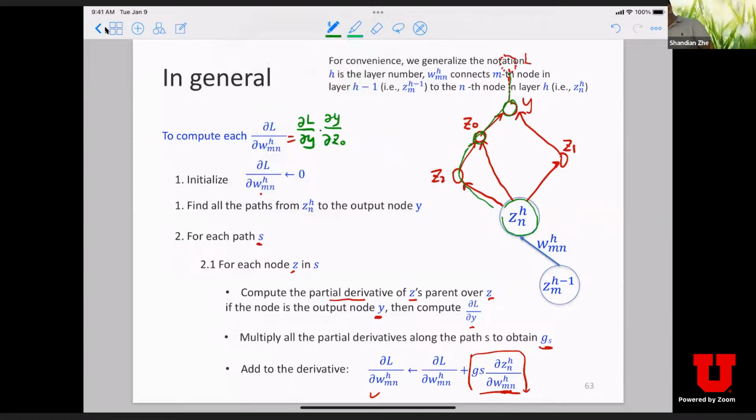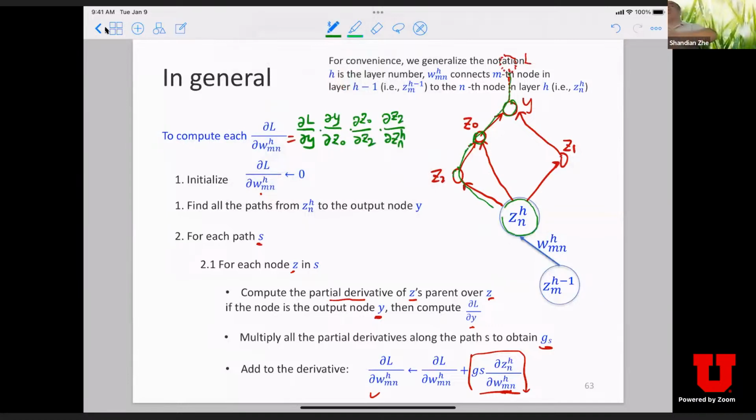And then you move from Z0 to Z2. So now Z2 becomes the parent. So we compute partial Z0 over partial Z2. Then you move from Z2 to ZNH. So we compute partial Z2 over partial ZNH.